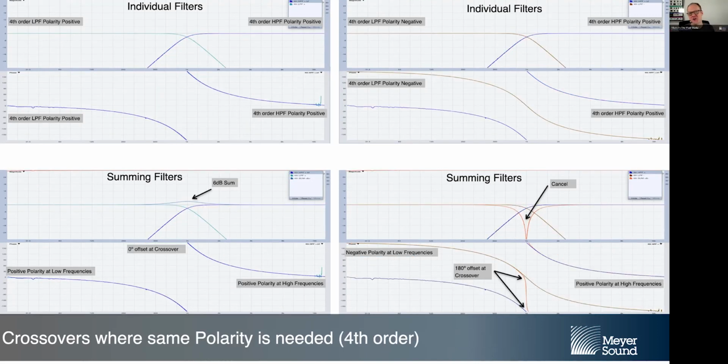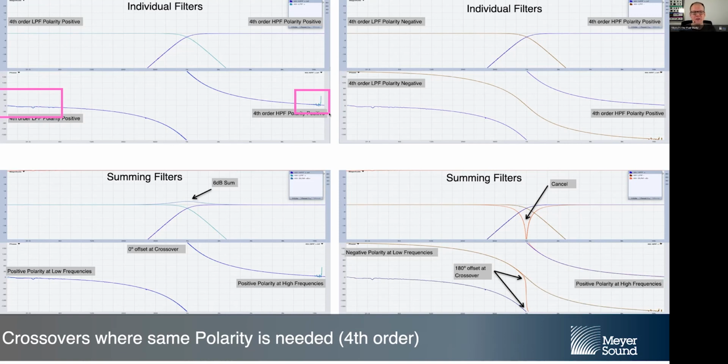We've seen the odd order combinations, which are idiot proof, and we've just learned that 2nd and 6th require polarity reversal. So which ones are left over? Well, that's going to be the 4th and the 8th. And it should come as no surprise that the 4th and the 8th require no polarity reversal, because if we look at the phase in the pass band, we see that over here we have 0 degrees in the pass band for the low pass filter, and we have 0 degrees in the pass band for the high pass filter.